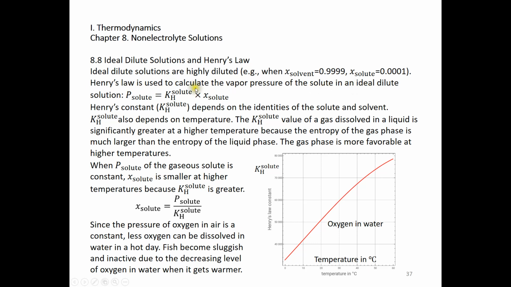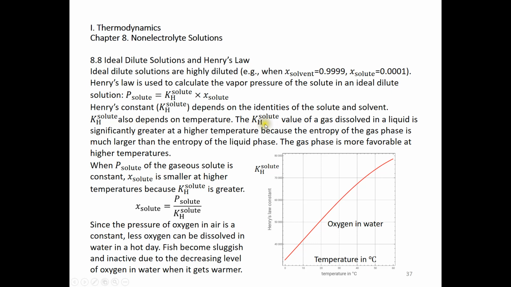In an ideal dilute solution, we have this equation. The partial pressure of the solute is equal to a constant times the mole fraction of the solute in the solution, and that constant is the Henry's constant. Again, Henry's constants depend on the identity of both the solute and the solvent in the solution. It also depends on temperature.